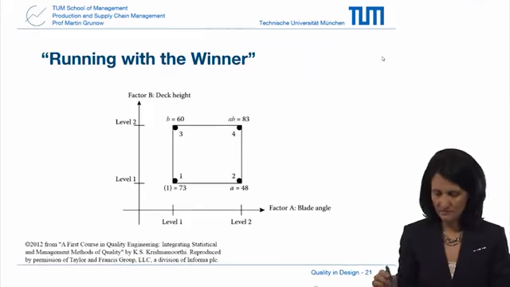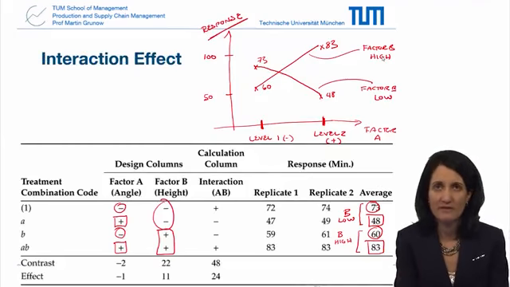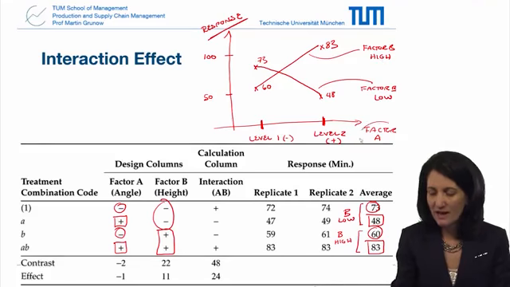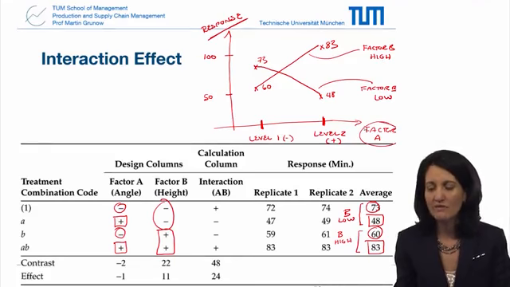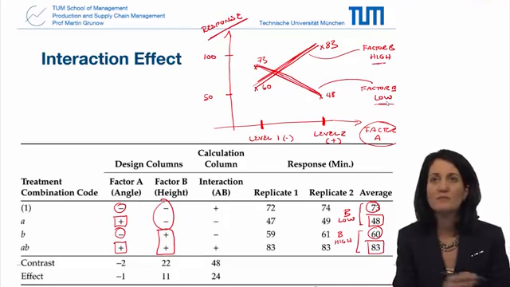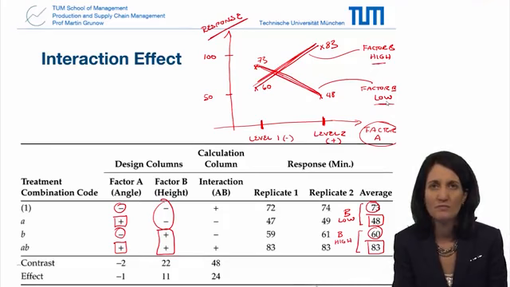And what you notice from the graph here is that the response changes. The response in factor A goes from low to high when factor B is high, but from high to low when factor B is low.